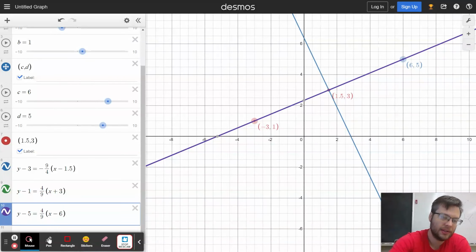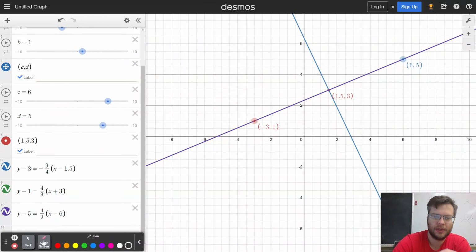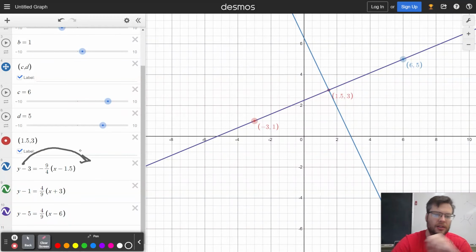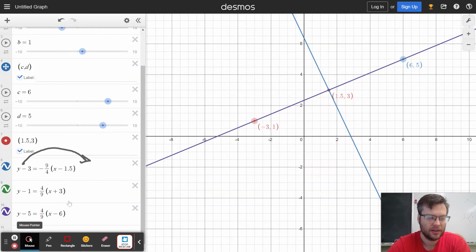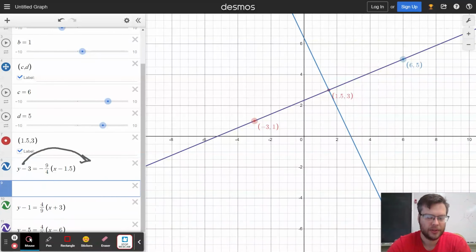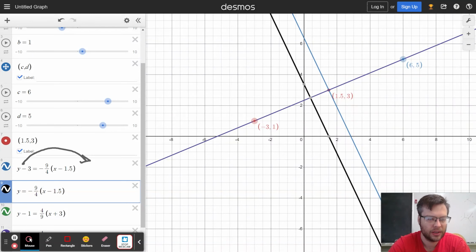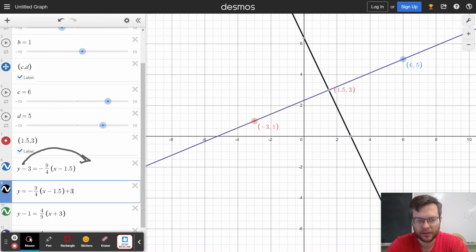And so if you had to and you wanted to graph it, what you can do is add 3 to the other side, and you'll see that you get another equation that is equivalent. So this equation, y equals negative 9 over 4, x minus 1.5, and then just plus 3, that's also totally fine. Maybe you don't like parentheses.